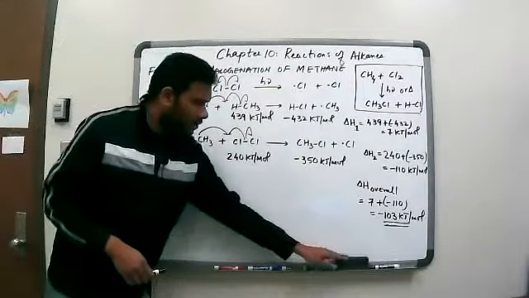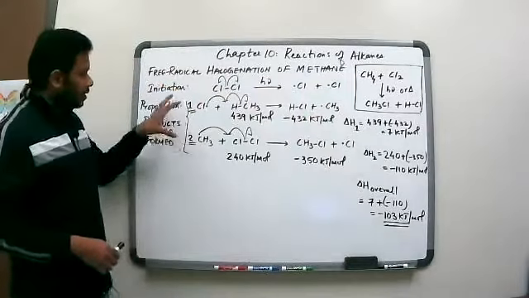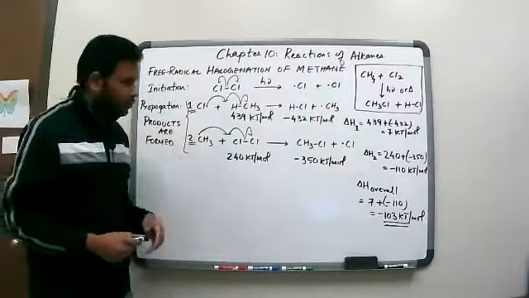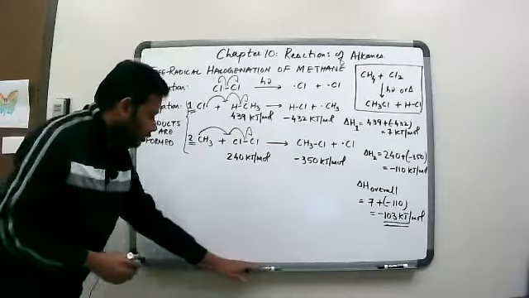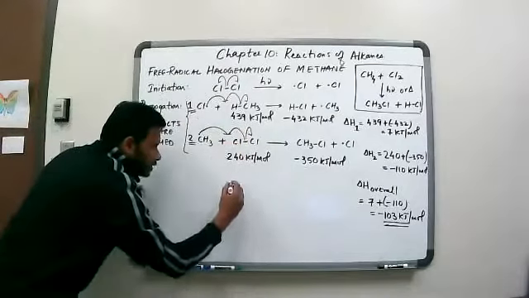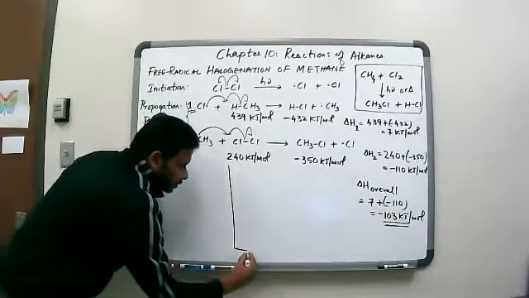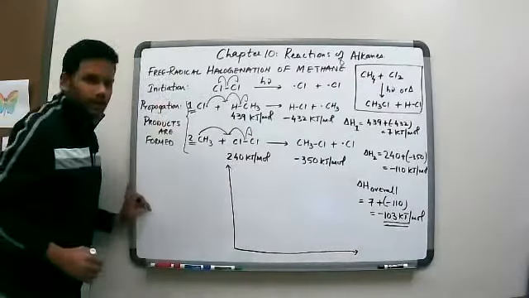Okay, now that we have the delta H values and the propagation steps are the more important steps, we can actually go ahead and build a reaction profile diagram for these two steps. How would that look? So let's go ahead and construct a reaction profile diagram.